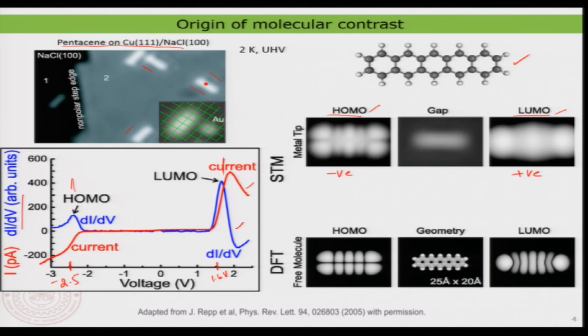Well, this is also a theoretical DFT calculation, to check the electron density corresponding to the HOMO, and you can see clearly that they match very well.